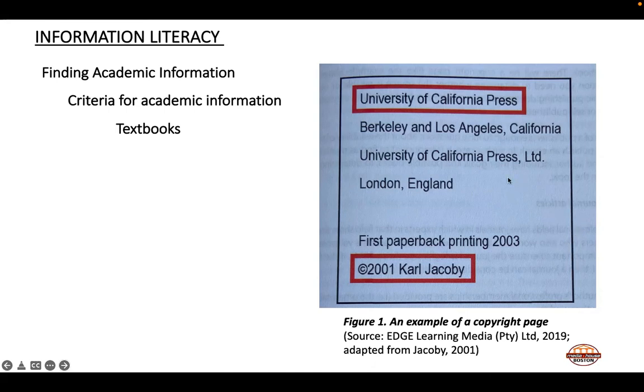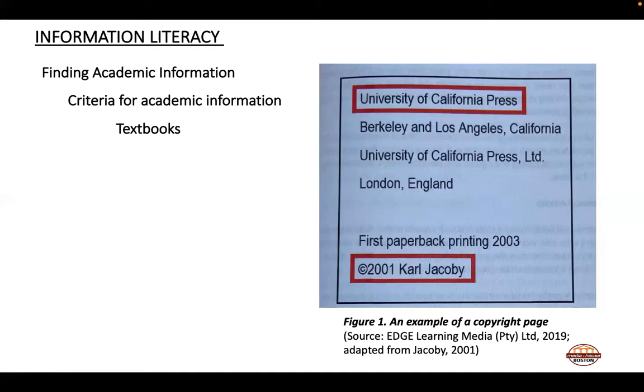So it gives us information from a credible university. Berkeley is a credible university. I was telling some of the second years about information that came from Berkeley, and they didn't want to believe me, but it's a very credible university. So we can trust the information.